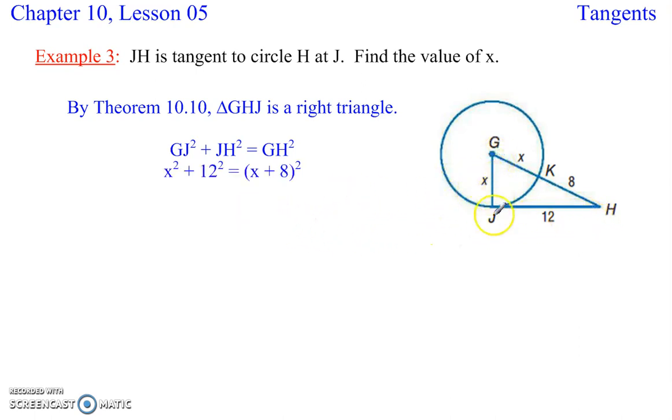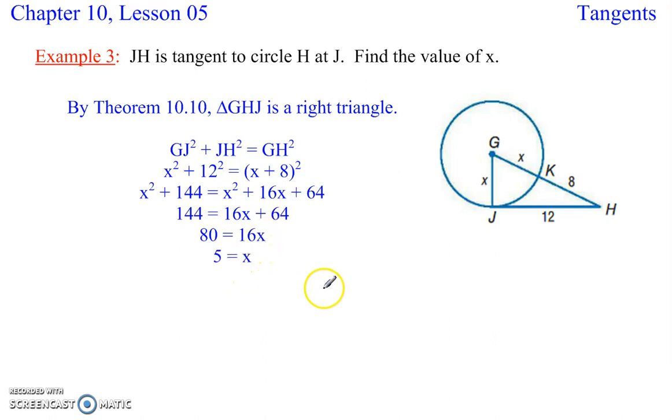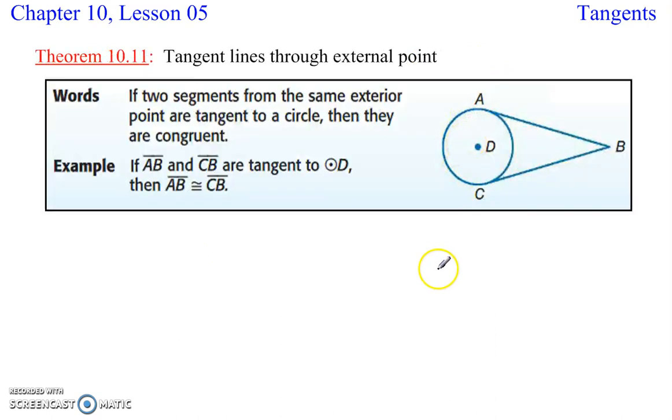And now this is X plus 12 squared, and this side is X plus 8 squared. Once I square that, I get a trinomial over here, and I can cancel out the X squared, subtract X squared from each side. I get 144 is 16X plus 64. Subtract 64 and divide by 16. So X is 5, and that's what we were looking for.